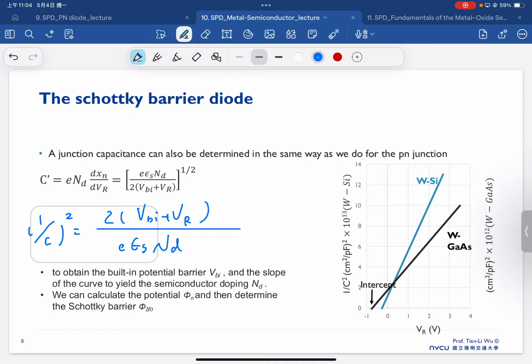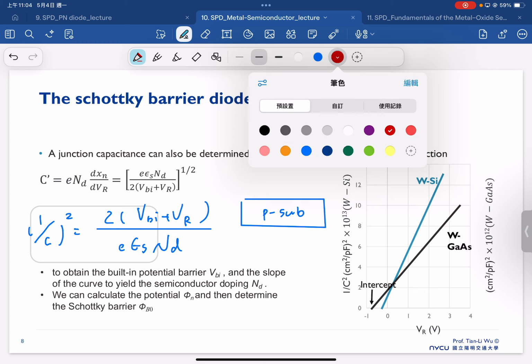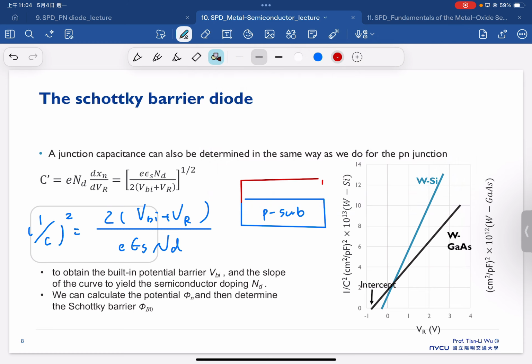So this is actually a very useful equation, because by using this equation, if we consider one structure where we have the P-type substrate and also the metal, we can use this 1 over C square to extract N_A and also the VBI.